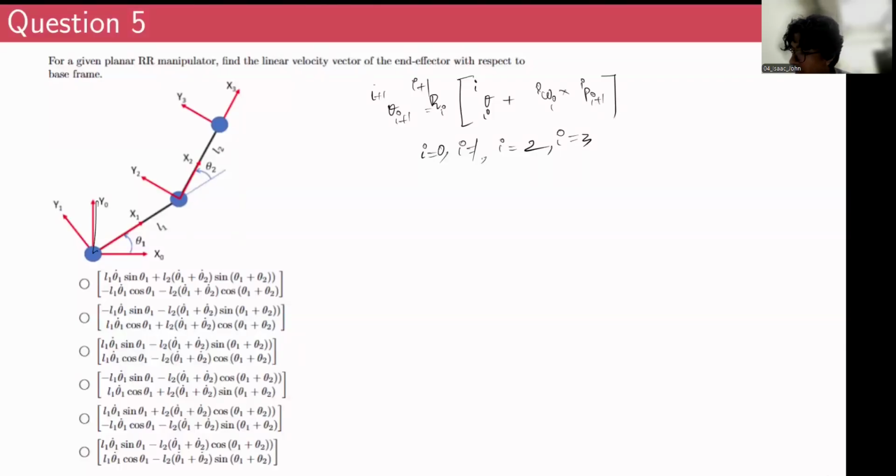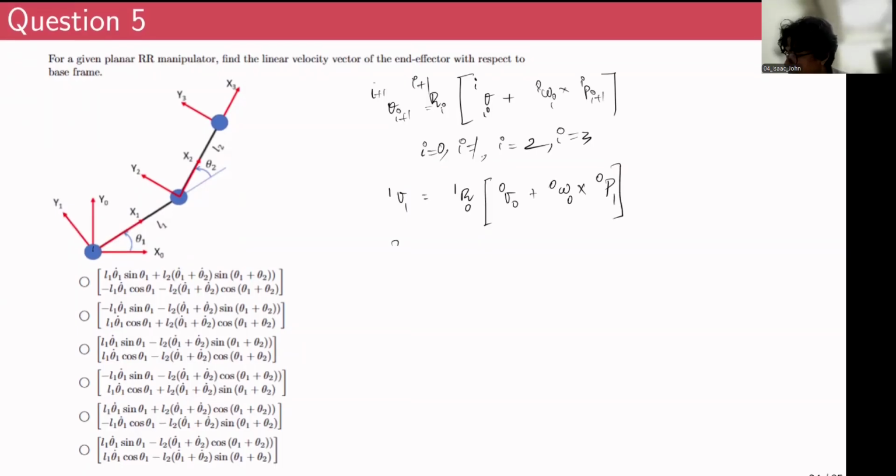If frame 0 is attached to the ground, frame 1 is attached to the first link, frame 2 is attached to the second link, and frame 3 is attached to the third link. So when i is 0, you will get the equation 1V1, which is nothing but 1R0 multiplied by 0V0 plus 0 omega 0 cross 0P1.